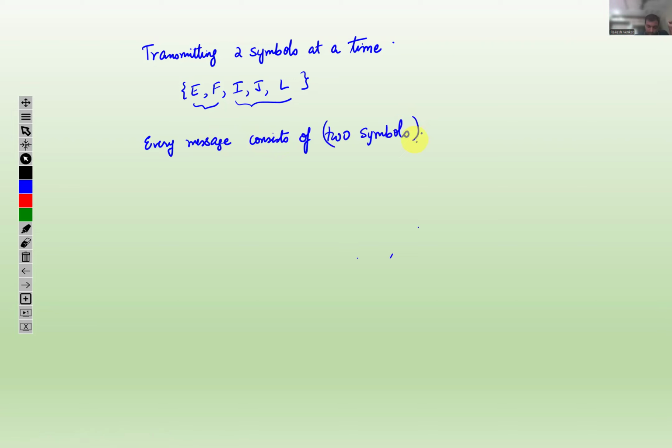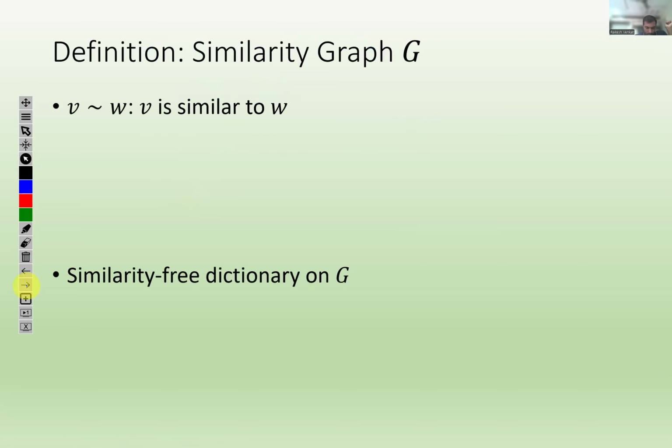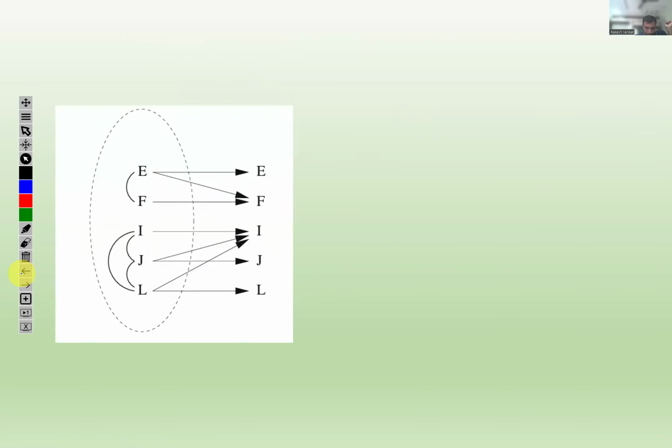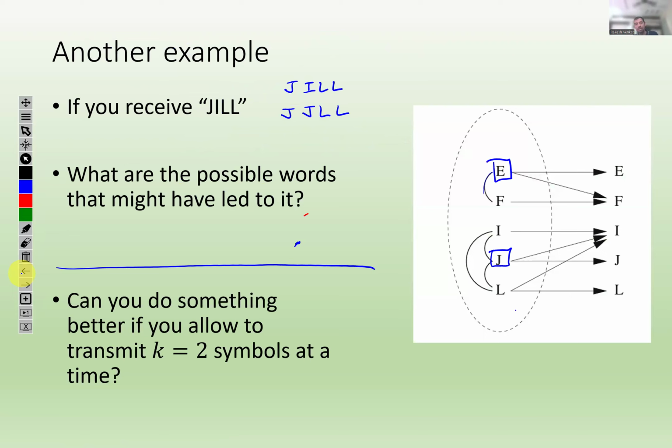So for instance, suppose I send EI as one block. Then E can be corrupted, I can be corrupted. But as long as I can recover it, I should be fine, right? So the question is, if you are allowed to transmit more symbols at the same time, can you do better? And that's the key question.